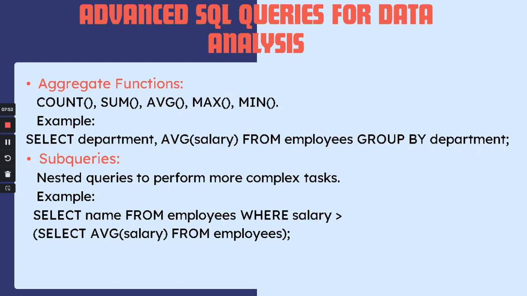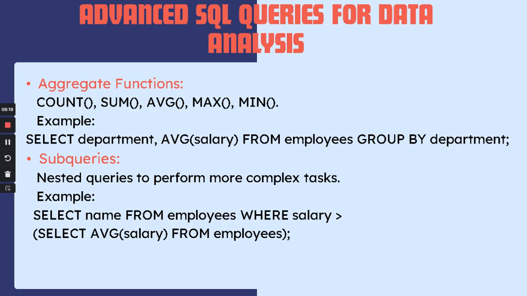Now we're going to the subqueries, which are nested queries used to perform more complex tasks by embedding one query within another. We have here the example: select name from employees where salary is greater than select average salary from employees.